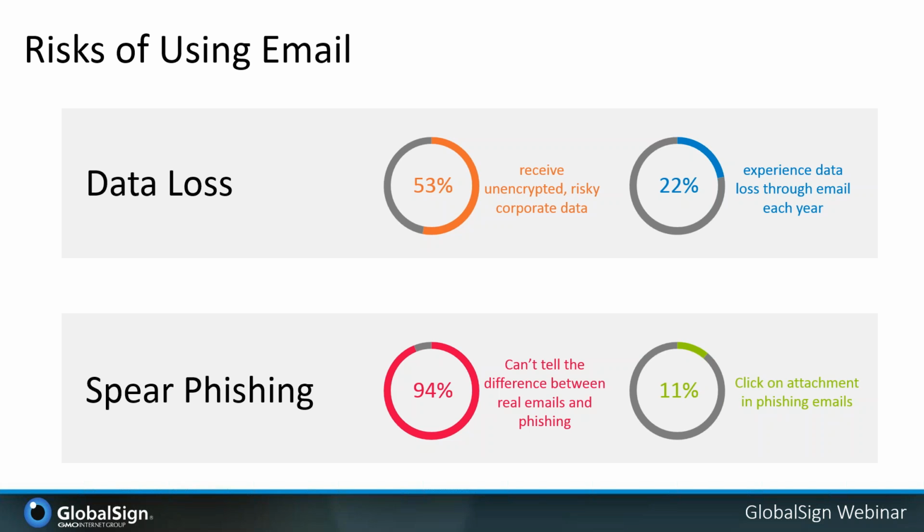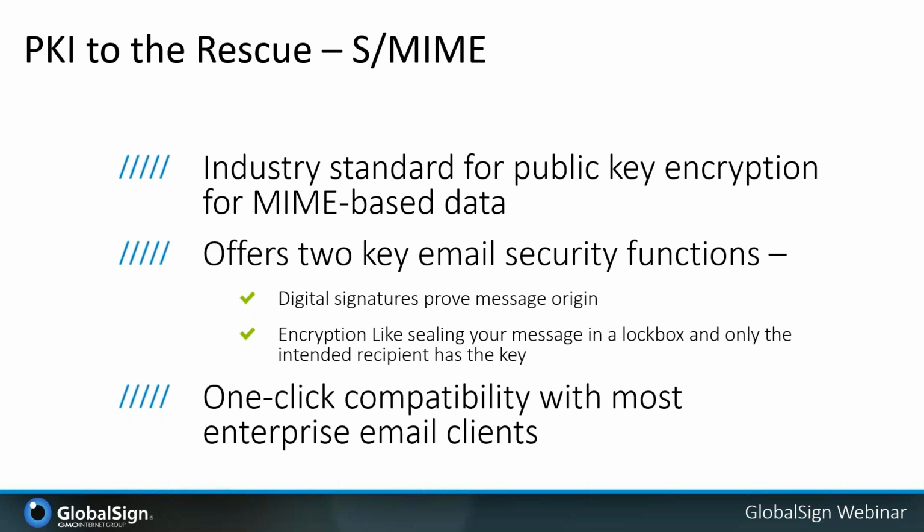And some studies have even found as many as 94% of employees can't tell the difference between real and phishing emails. Because of this, as many as 11% of people click on the attachments in these emails, which usually contain malware. So, Sid, once again, how is PKI going to help with our email security challenge?